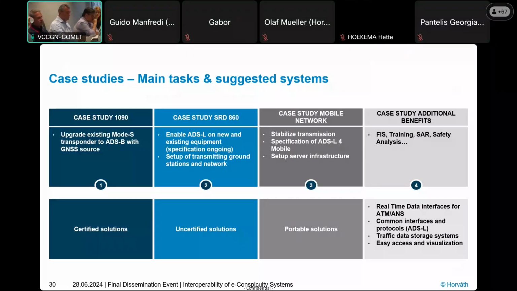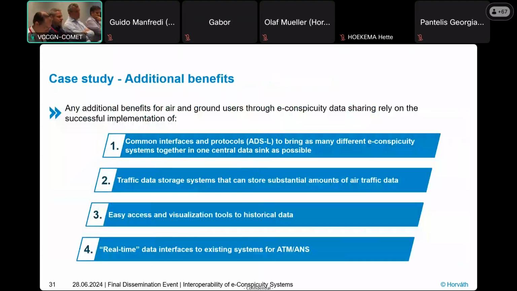And we also did an additional case study for the benefits for flight information service, training, search and rescue, and safety analysis. And we'll give you an overview of this additional case study. What we found there is that search and rescue becomes very much faster and more efficient if they have access to real-time traffic data.